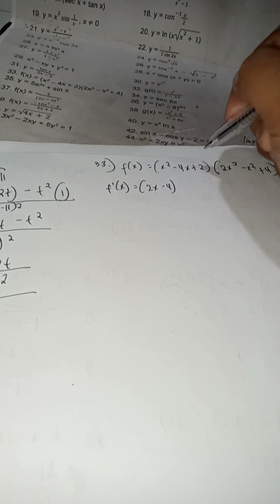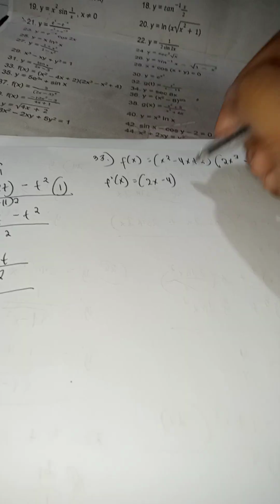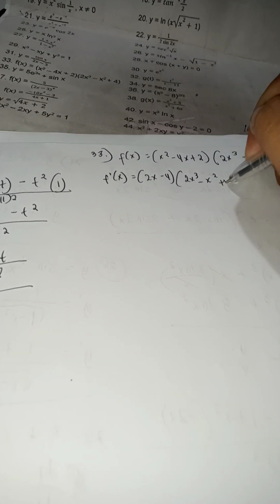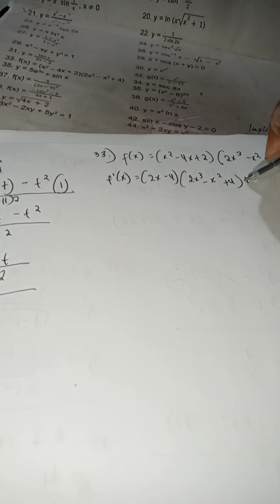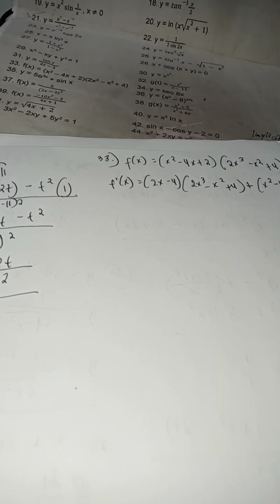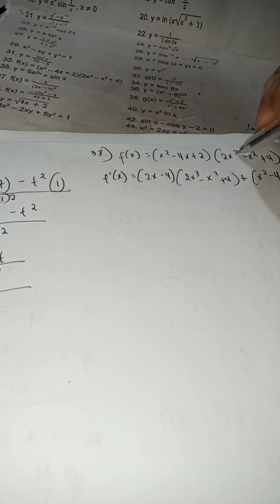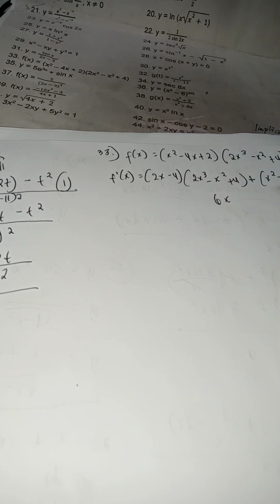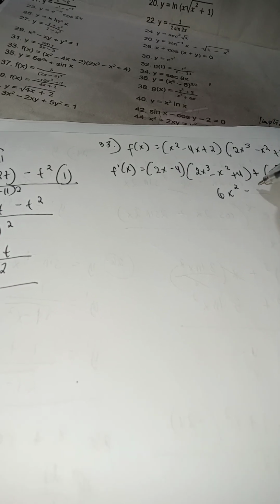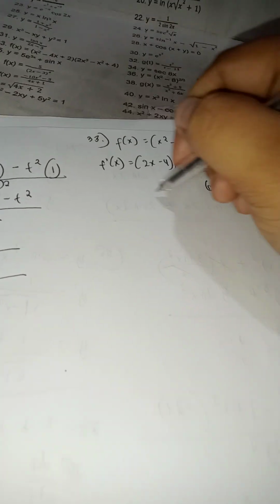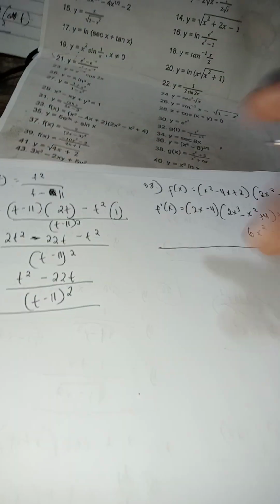Copy this one: 2x cubed minus x squared plus 4. After that, we are going to add, copy this one, x squared minus 4x plus 2, and get the derivative of this v, so 6x squared minus 2x. So this is our final answer, number 33.